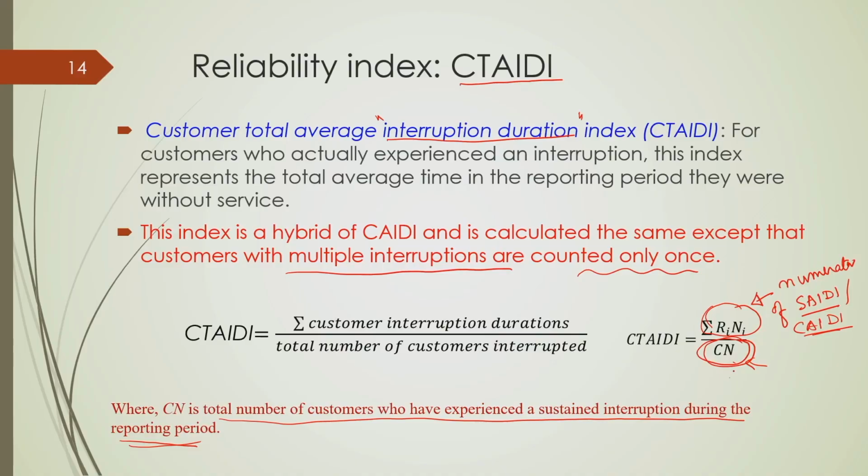So, CN means the total number of interrupted customers, or the total number of customers who experienced interruptions.